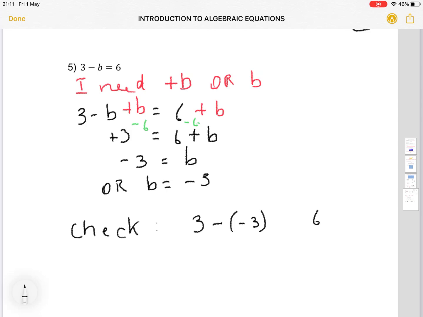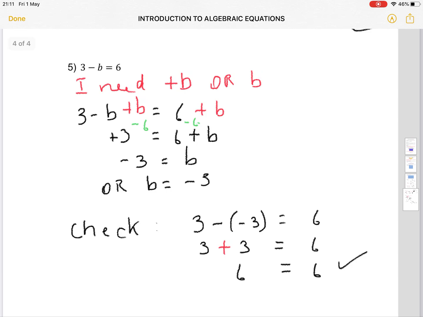Now, the minus in front of a bracket changes the negative sign so that it becomes a positive. So I end up with 3 plus 3. 3 plus 3 is 6. Since the left hand side is equal to the right hand side, then my answer is correct.